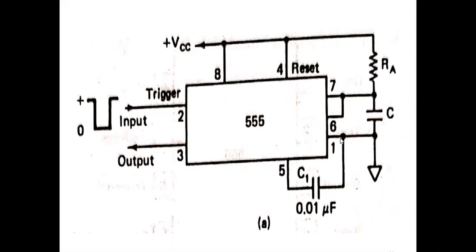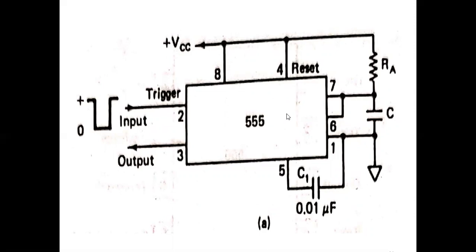Pin number 1 and 5 are connected with a capacitor of 0.01 microfarad. In this way, the 555 timer as a monostable multivibrator can be connected.